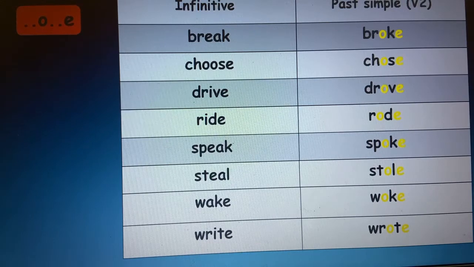Steal, stole. Wake, woke. Write, wrote. One more time. Break, broke. Choose, chose. Drive, drove. Ride, rode. Speak, spoke. Steal, stole. Wake, woke. Write, wrote.